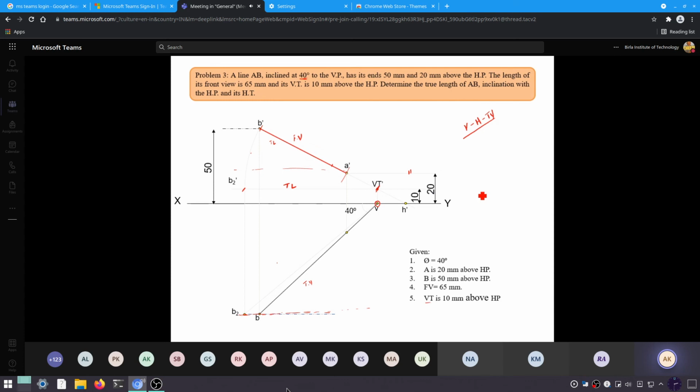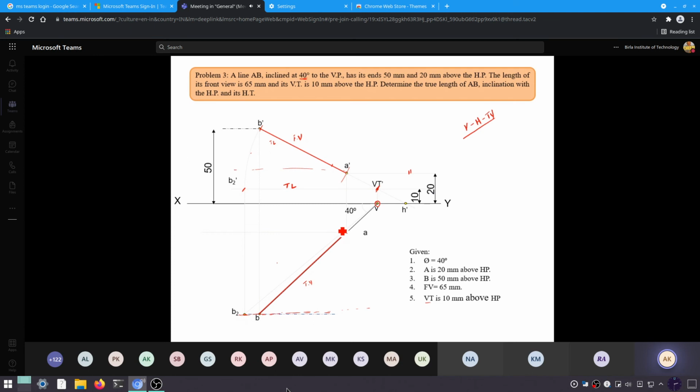Fine. So we extend it further to obtain the locus of B. So by that only we can get the locus of B. Fine. And we have used the hand projector knowledge to get the top view.